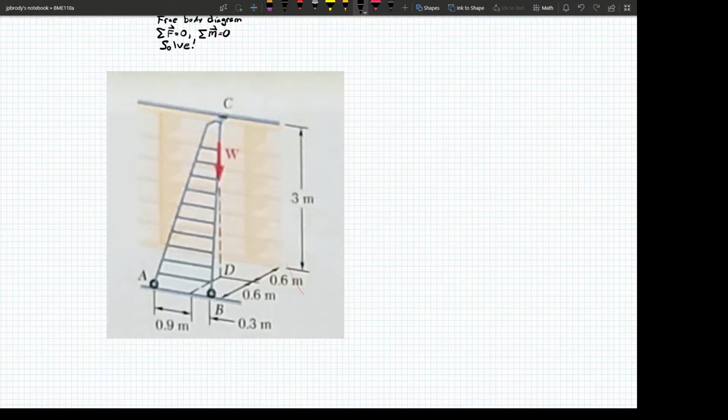Now, what I want to first do is establish a coordinate system. I'm going to pick my zero point right at A. I'm going to have this be the x-axis, or i hat direction. The y will be going up.